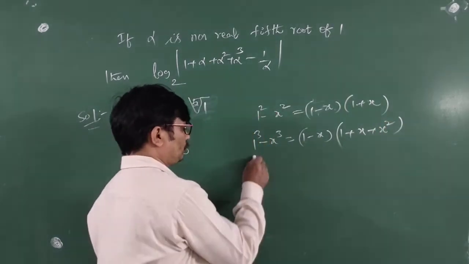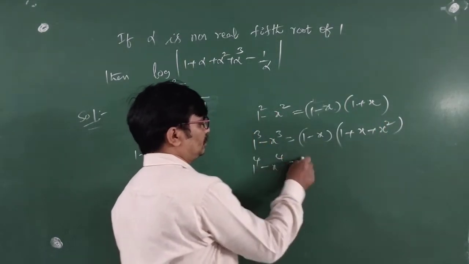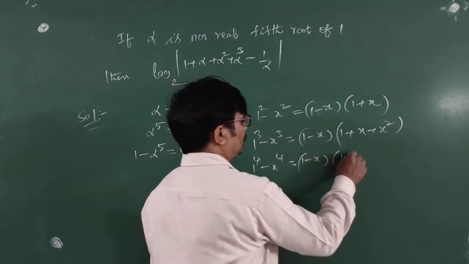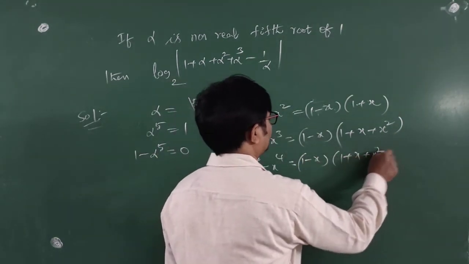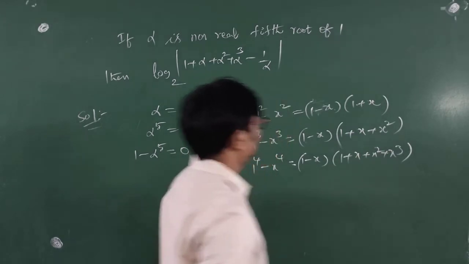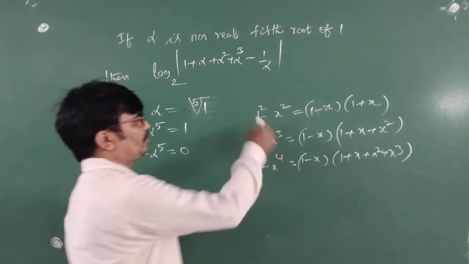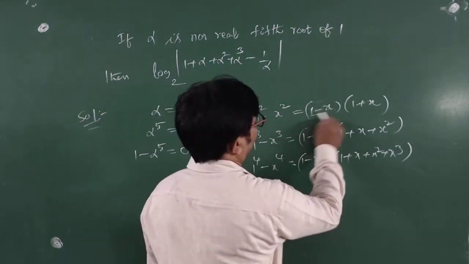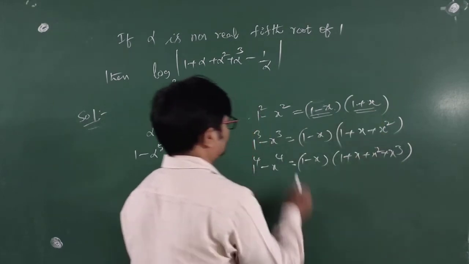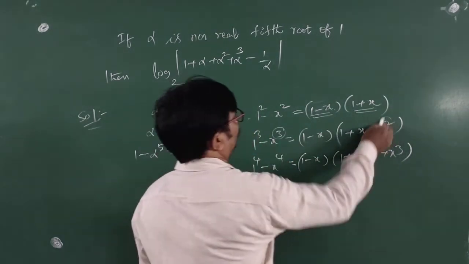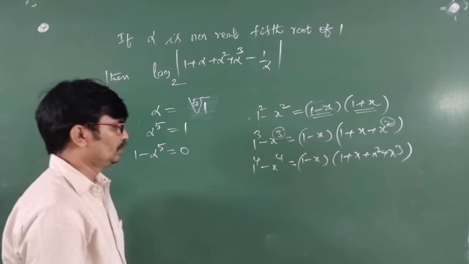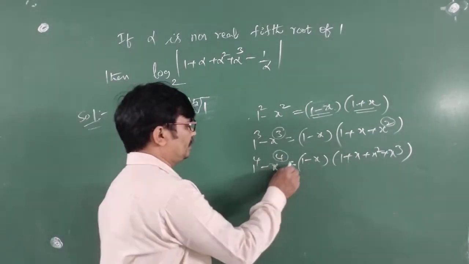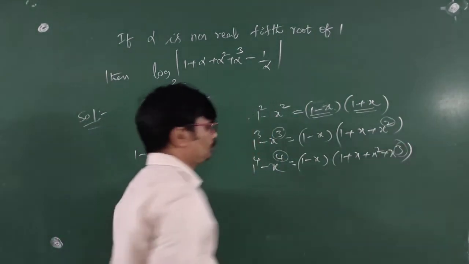Similarly students, we write 1 minus x into 1 plus x plus x square plus x cube. When it is cube, we can write it up to x square. When it is power 4, we can write it up to x cube.